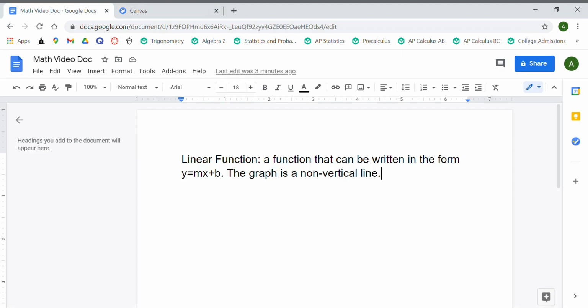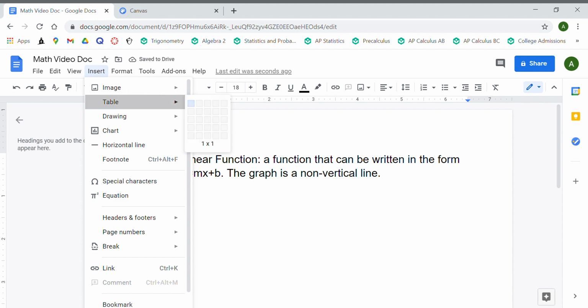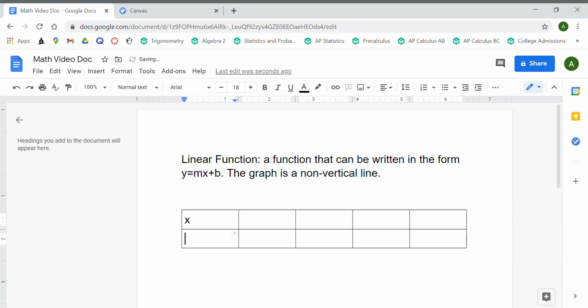Now, how about if you're not given a graph? Okay. Let's say you have something like this.